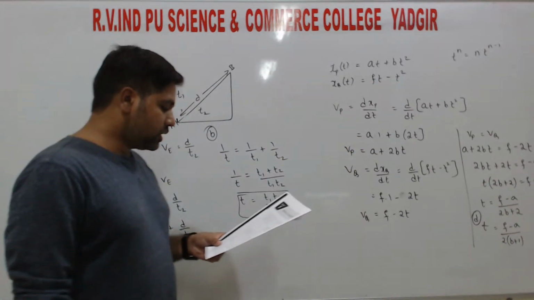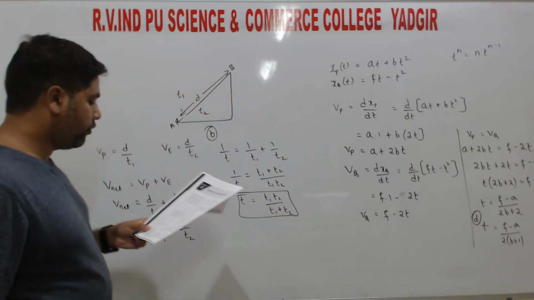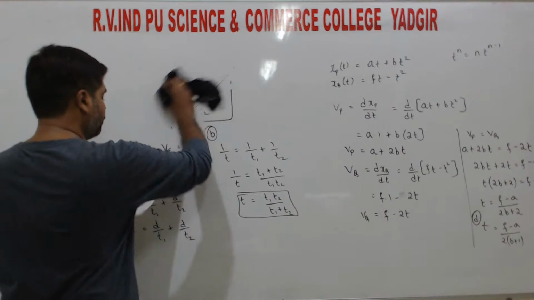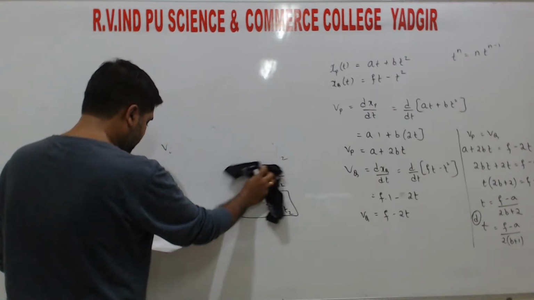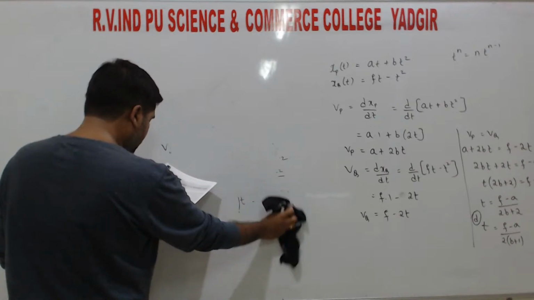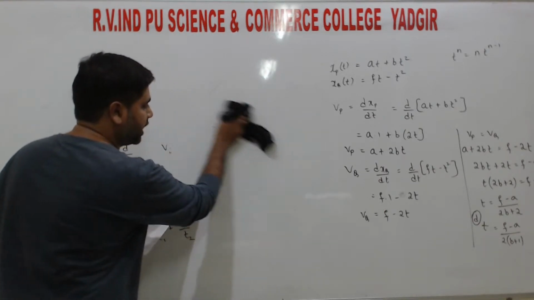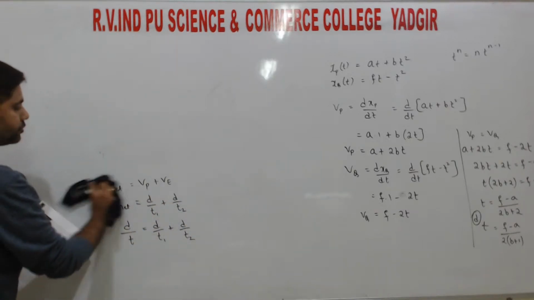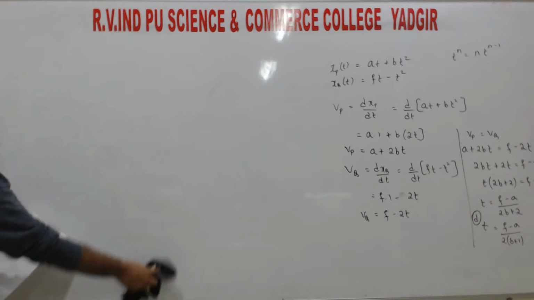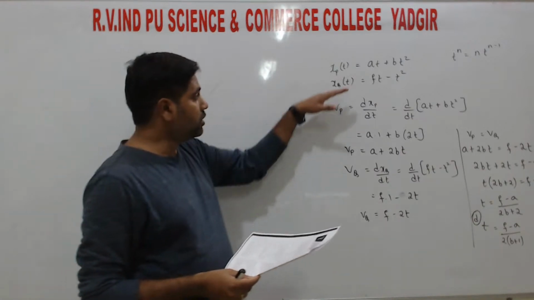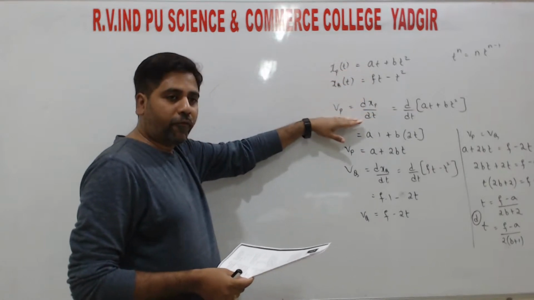So on to the third question. If the velocity of the particle is v equals at plus bt square, where a and b are constants, then find the distance traveled by it between 1 second and 2 seconds. In the previous problem, they gave the displacement and from the displacement we found the velocity.